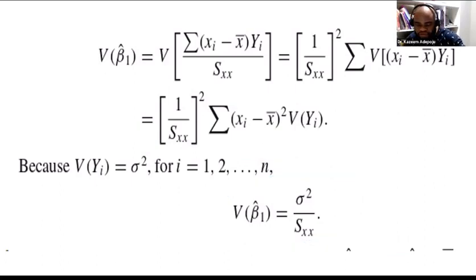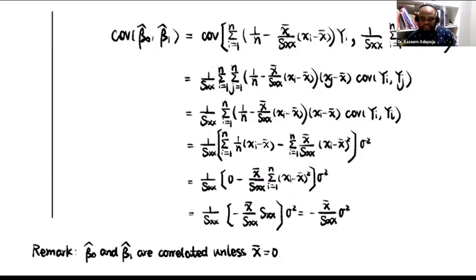Now, the next thing I'm going to do is we also need to investigate the covariance of beta naught cap and beta 1 cap. What is the meaning of that? The meaning of that is to investigate whether beta naught cap and beta 1 cap are independent or not. Independent means maybe they don't depend on each other, or do they depend on each other? Well, let me tell you this.